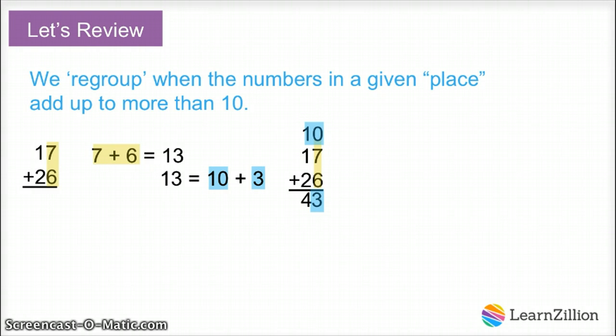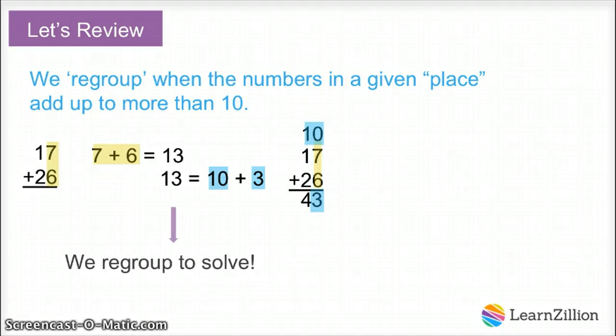We can then add the tens: 1 ten plus 1 ten plus 2 tens for a total of 4 tens. 4 tens plus 3 ones equals 43. We regroup to solve.